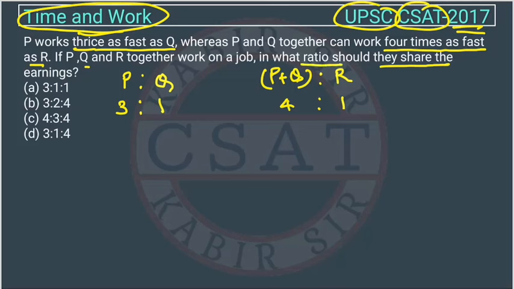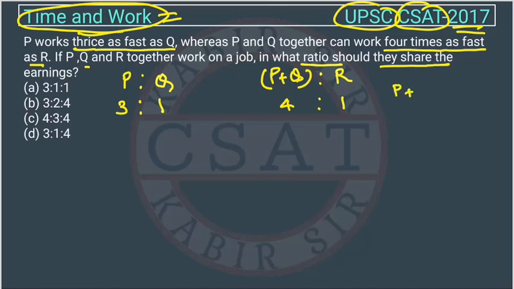They will share their earning on the basis of their efficiency. Who will work more, he will get more share, right? So there is no need to use the time and work concept here. I can solve it through the ratio method only, right?